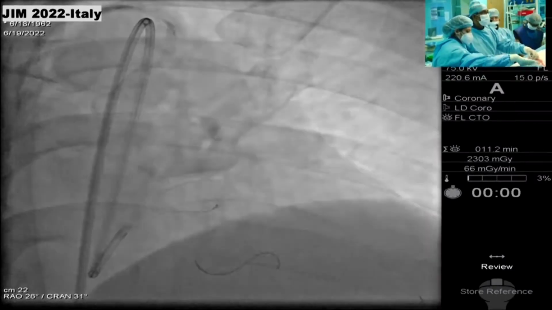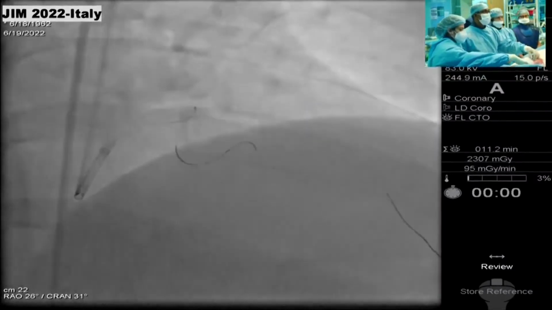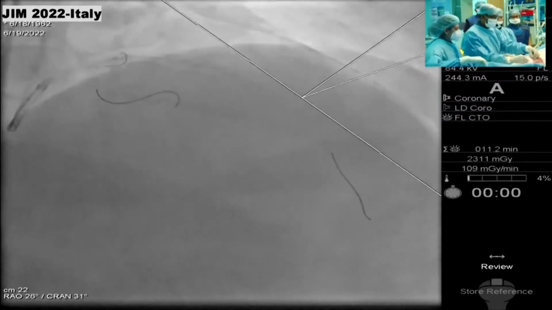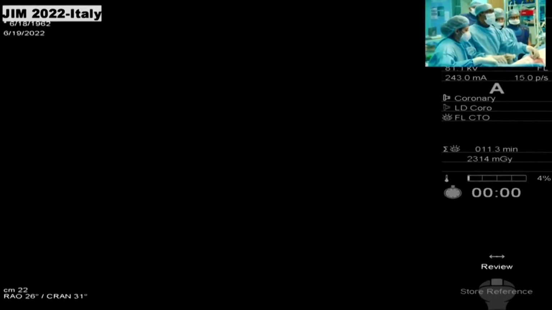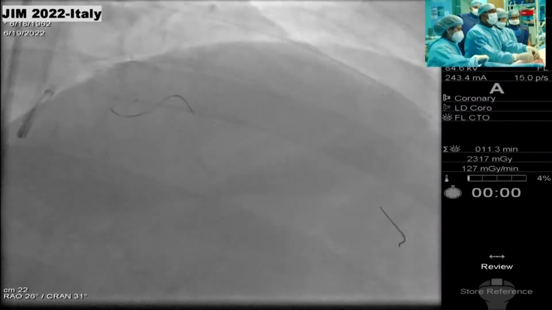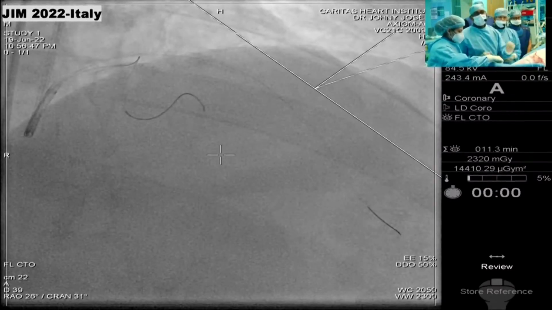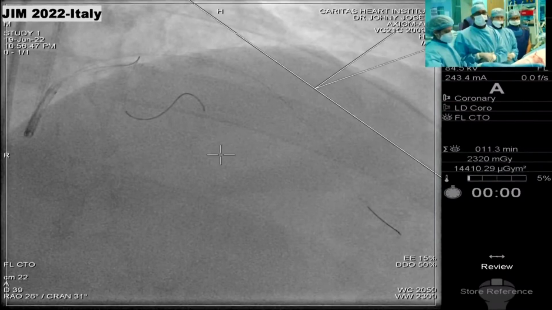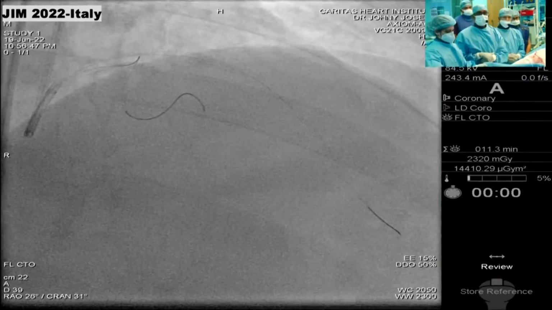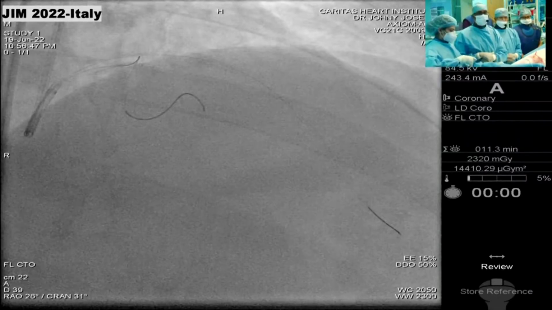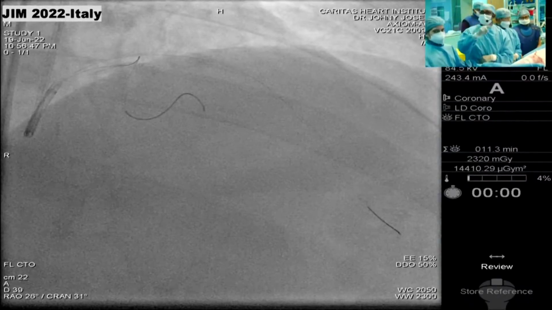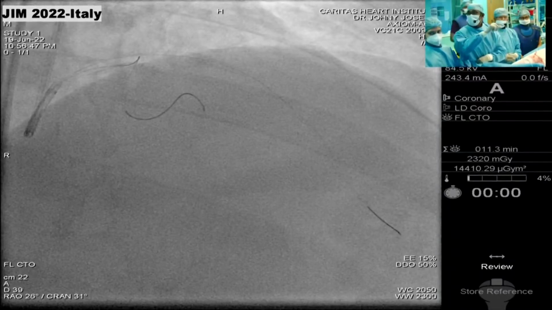There has always been a reluctance among CTO operators in adopting OCT widely, because the power injection required to have good images may sometimes risk enlarging dissections. Here it was so obvious that it was anterograde true lumen crossing that I think there was no real issue, and OCT is certainly the best technique to assess calcified stenosis.